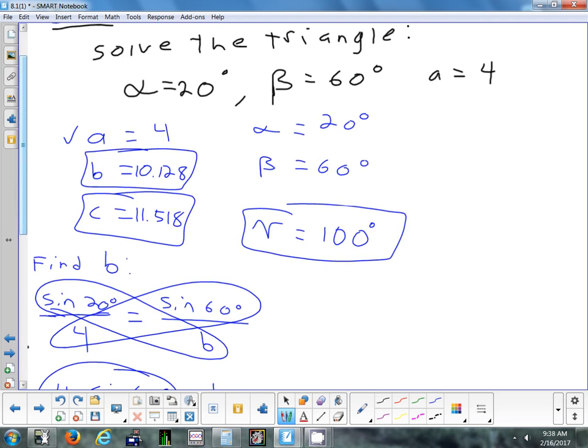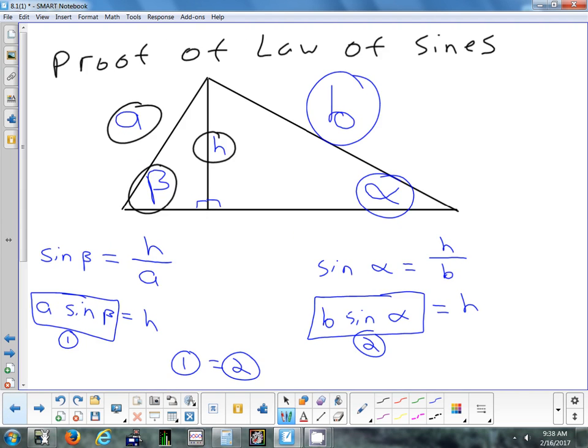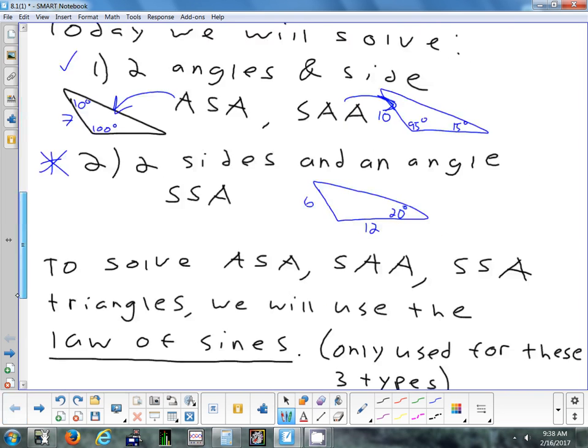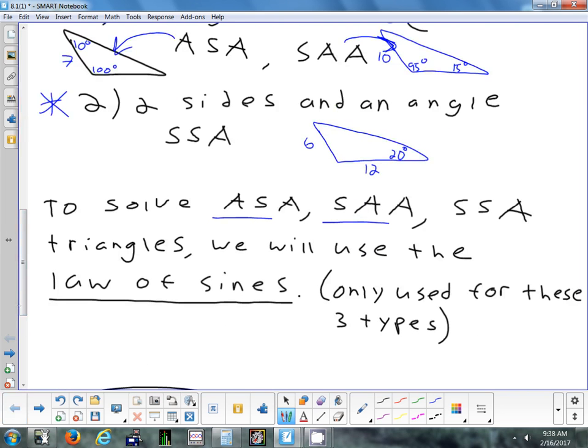So all you really have to do to know if it's law of sines is make your table, and if you have a row with everything in it, that's law of sines. A row with everything in it guarantees you it's one of these three types. Okay. Let me show you one that's not one of those types. Side, side, side.